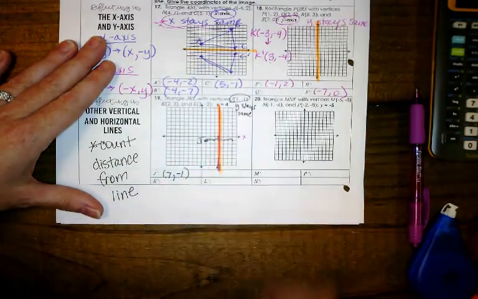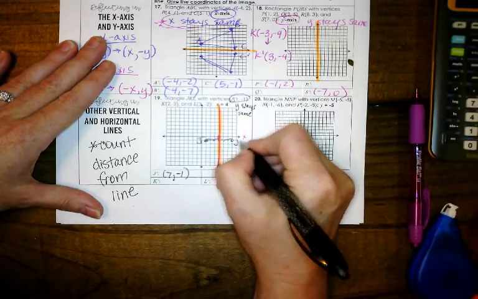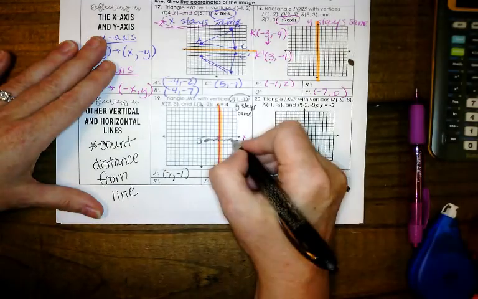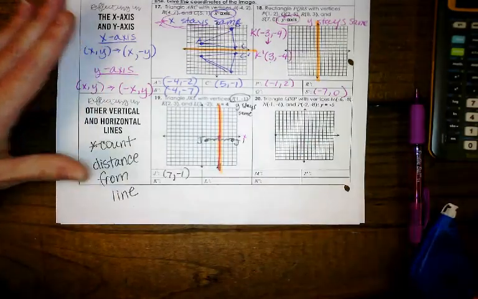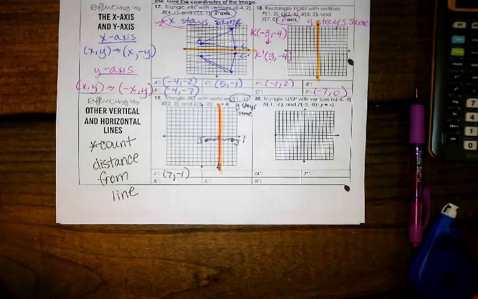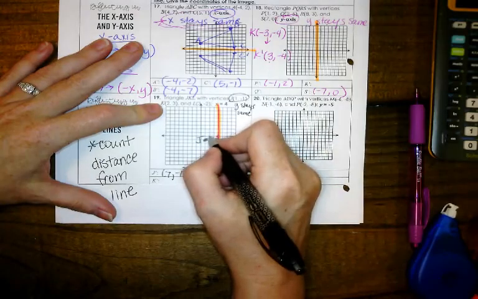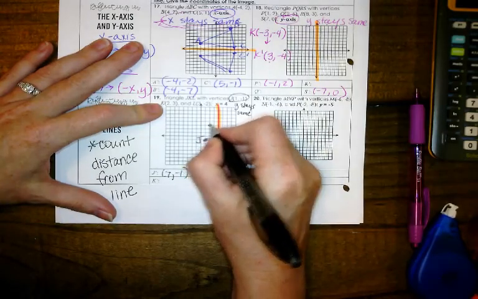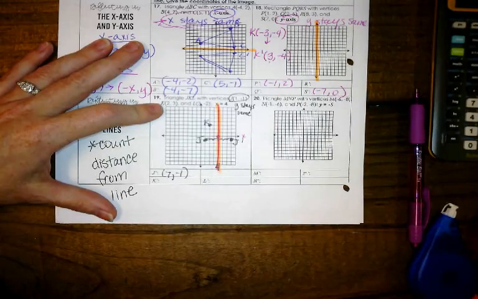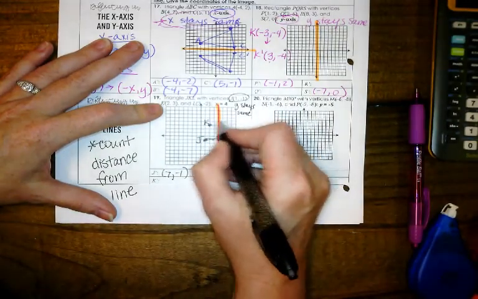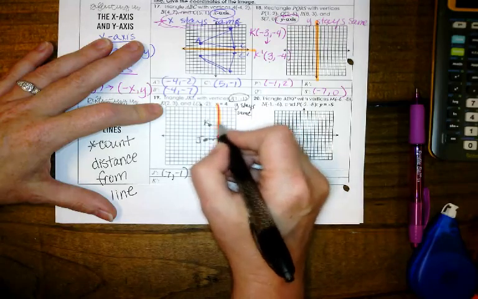Let's try another one. It's kind of weird at first. Okay? So for point K, it's at 2, 3. Here's point K. Graph it. If I reflect it across this line, is it going to stay the same height up and down? Yeah, so my y should still be at 3. How do I figure out where the x is?